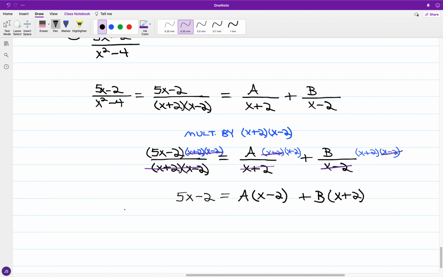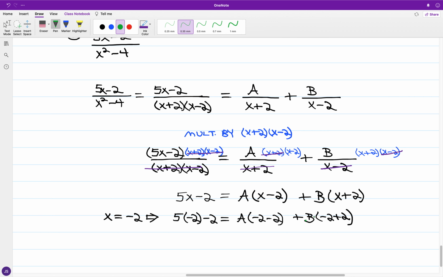Looking at x plus 2, what makes x plus 2 0? It's going to be x is equal to negative 2. And plugging in for x, what was the numerator? We have 5 times negative 2 minus 2, which is equal to A times the quantity of negative 2 minus 2, plus B times the quantity of negative 2 plus 2.